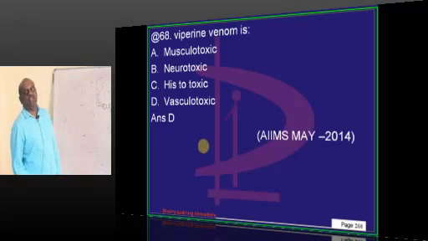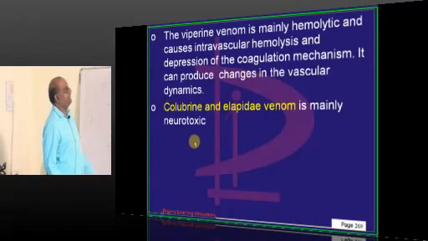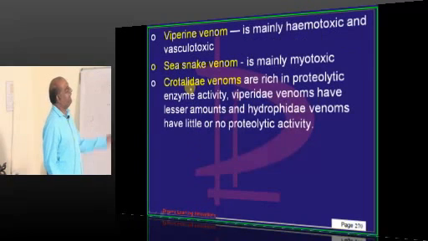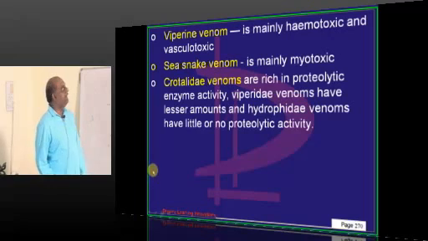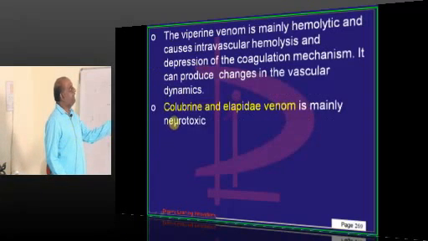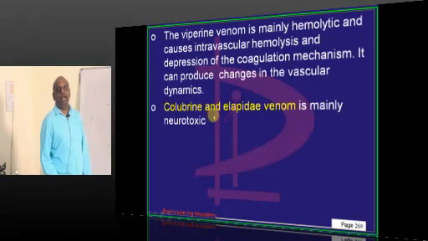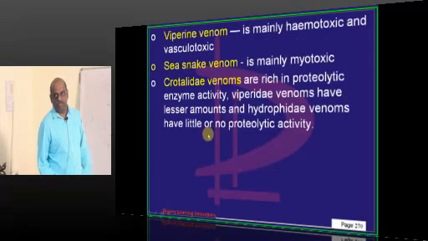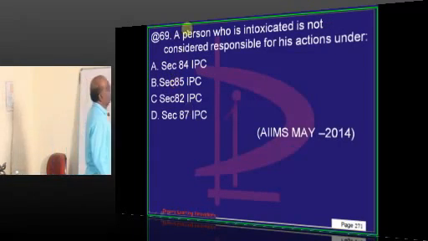So basically it is vasculotoxic and hemotoxic, viperine poison basically. Sea snake is myotoxic. Then you are having colubrine and elapidae, they basically are neurotoxic. So these 3 are the very fundamental questions on this snakeology.